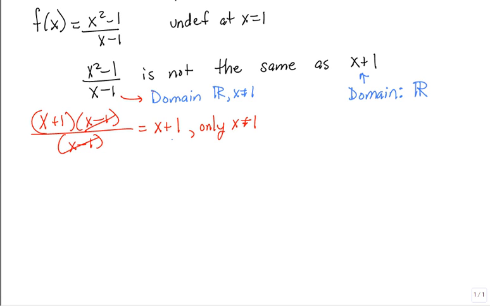This function here on this side looks like this. This is 1. And if it was defined at 1, this hole would be at 2 because 1 plus 1 is 2. So if it was defined, then the hole would be at 1, 2.